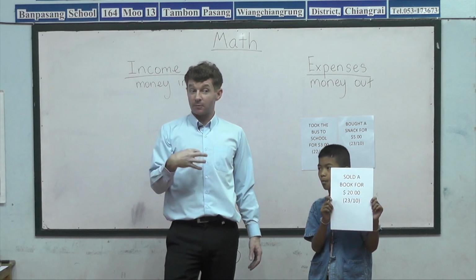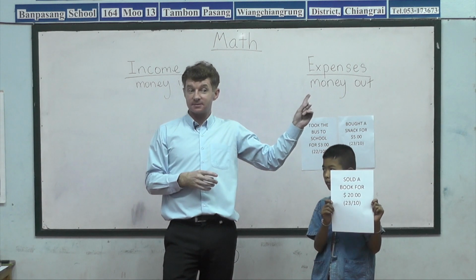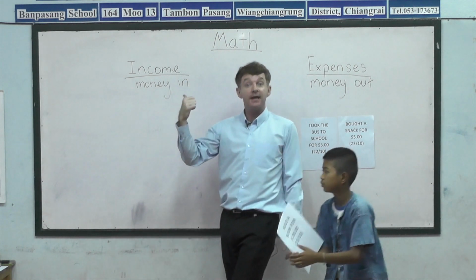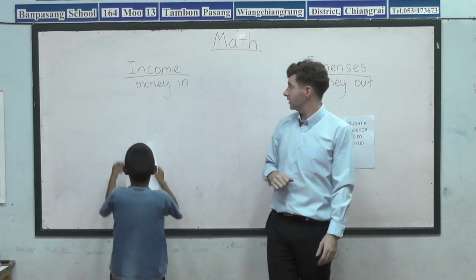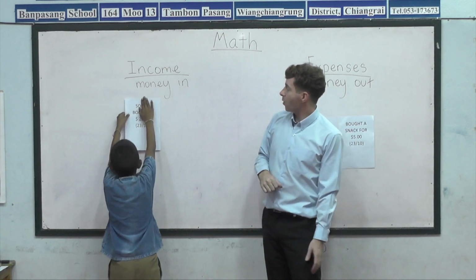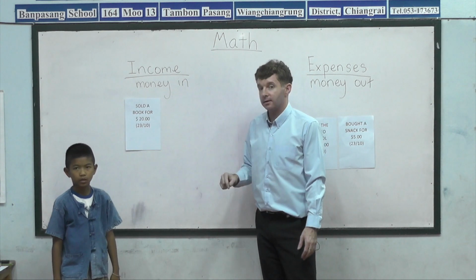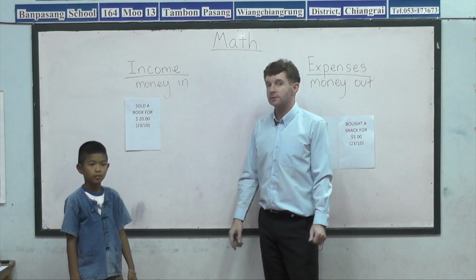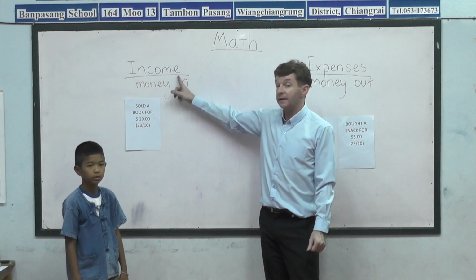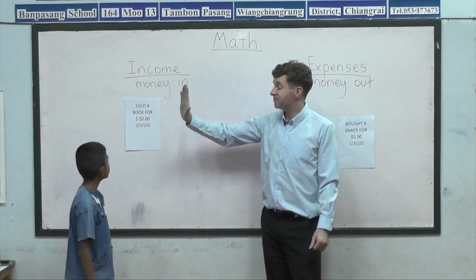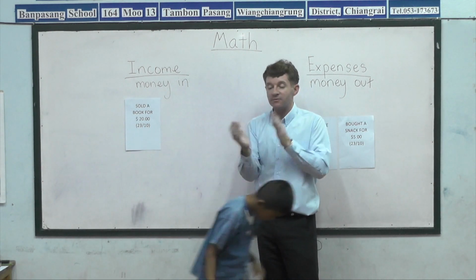So if we get the money, is that an expense? No, it's income. Excellent. So one more time, guys. Sold a book for $20. Income. High five. Big round of applause, Pat. That was excellent.